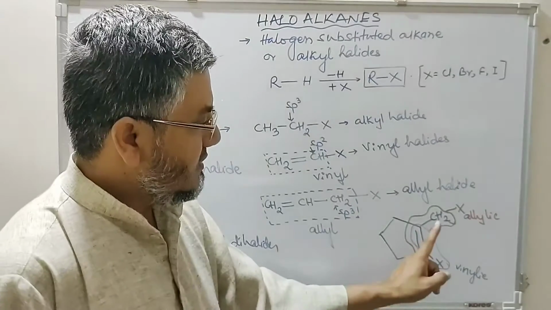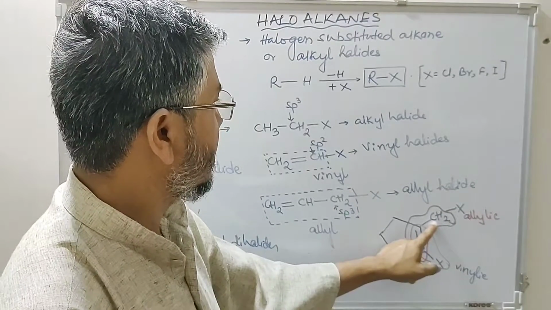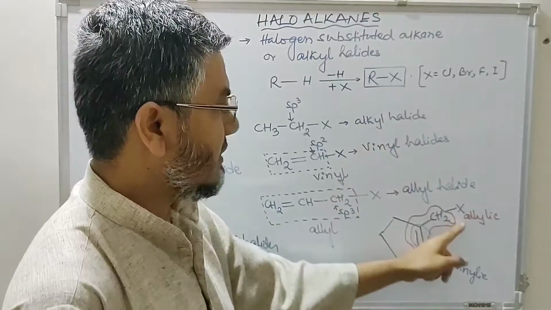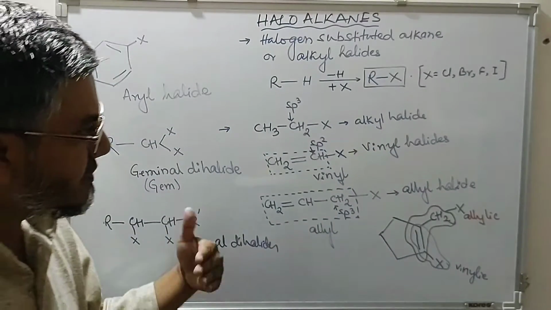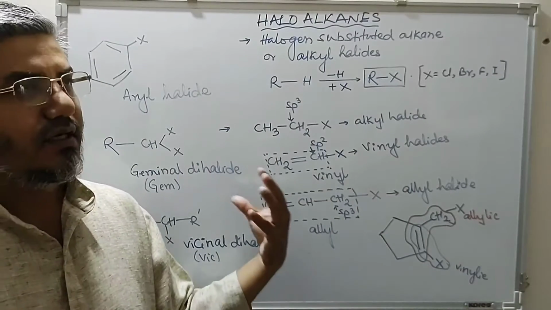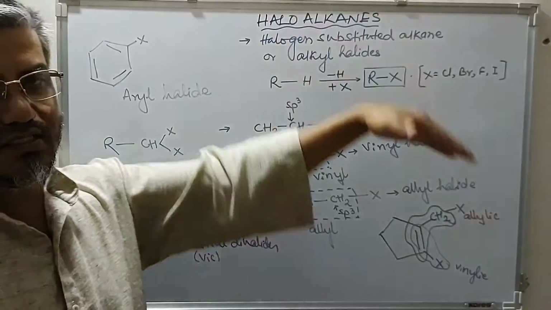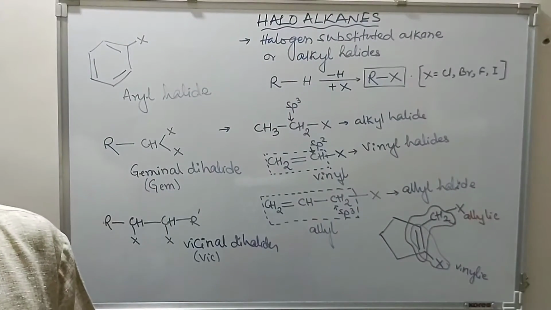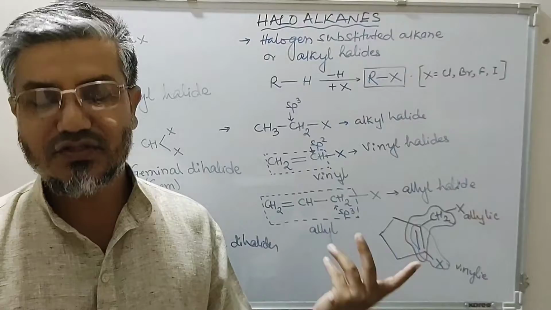So if you look at this carbon is sp3, then this is also known as alkyl halide. So these are different names given to different types of alkyl halides. Now, these alkyl halides, meaning monohalogen substituted alkanes, may be classified as primary, secondary, tertiary.